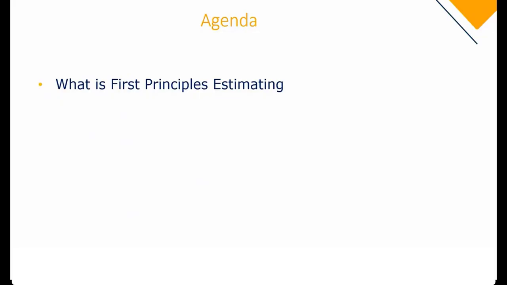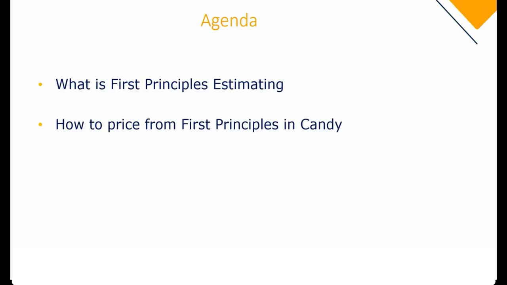Okay, so now that we know what First Principles Estimating is, we're going to look at how to price from First Principles in Candy. The system itself basically complements First Principles pricing. It's basically the foundation of the system, and that's where you're going to utilize the tool to its full potential.